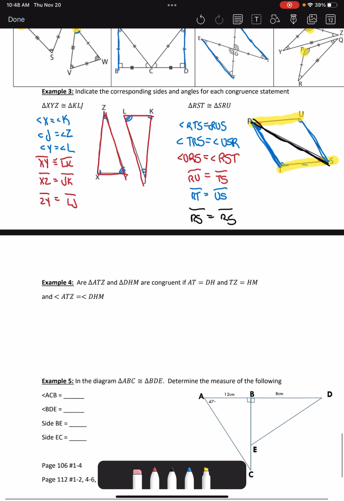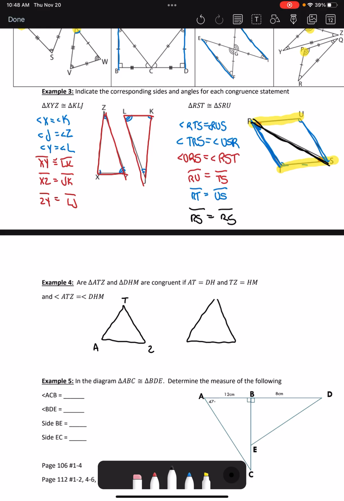All right. Example 4. It says triangle ATZ and triangle DHM are congruent. And then it gives you some equal sides and some equal angles. So draw a picture. So we have A, T, Z. And then let's draw our other triangle, D, H, M. Okay.